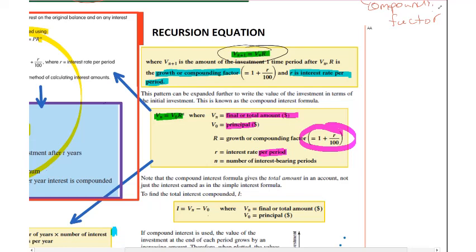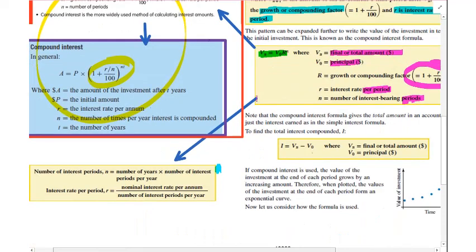I've made reference to the per period and the number of interest bearing periods because it relates here, so we go over to here. The number of interest-bearing periods is the number of years times the number of interest-bearing periods per year.